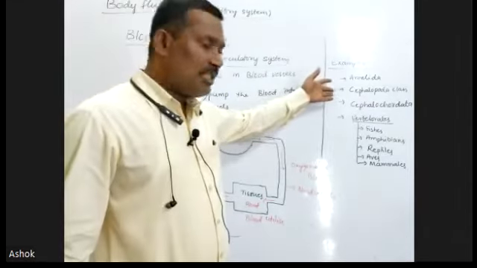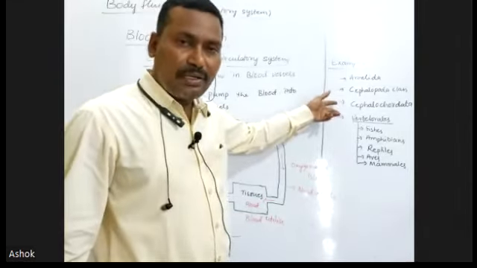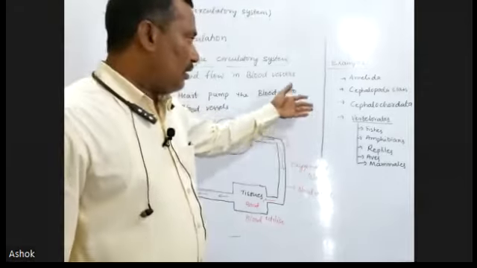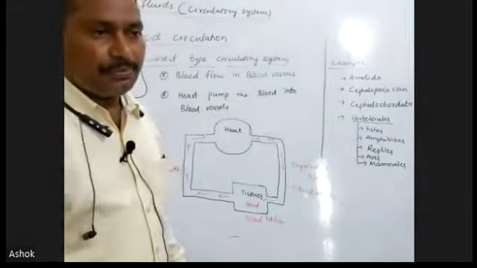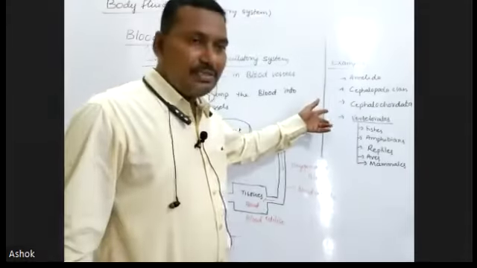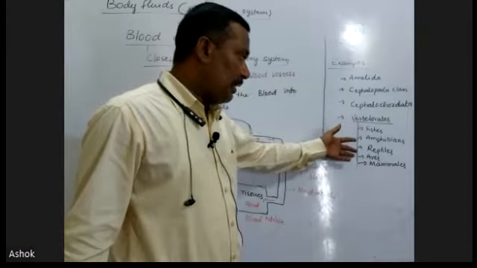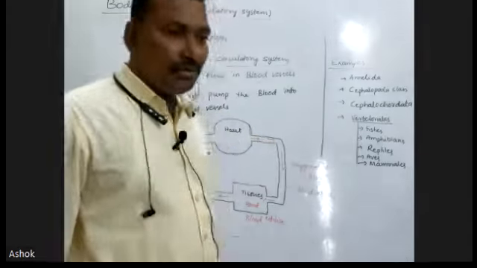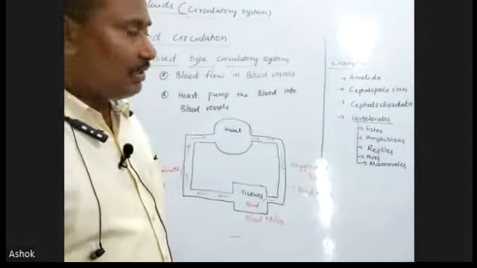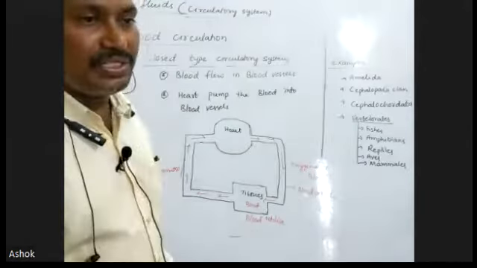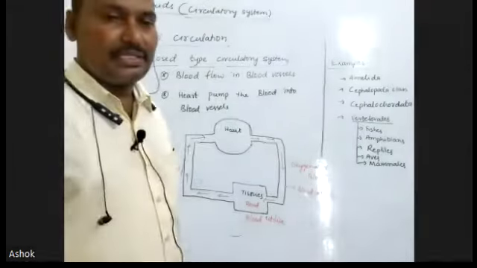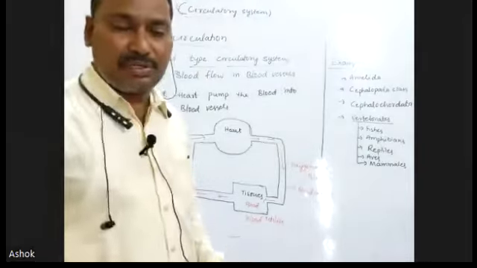This is most important and specific. Cephalochordata also contains the closed type. In all vertebrates, fishes, amphibians, reptiles, aves and mammals, the closed type of circulatory system is present.